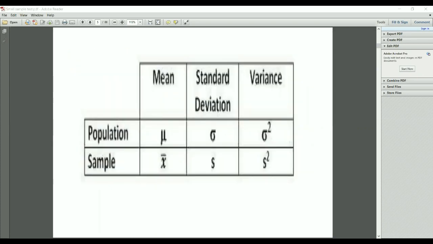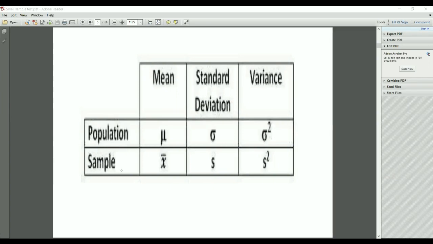So this is mean, standard deviation and variance. Whenever we use these terms for the population, the population mean is written with the sign mu, the standard deviation with sigma, and the variance is sigma square.